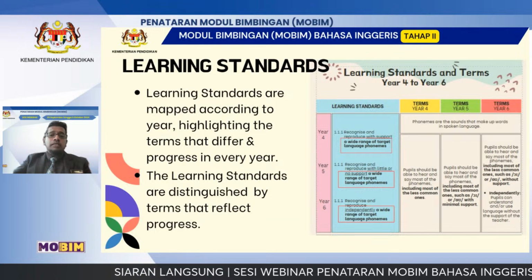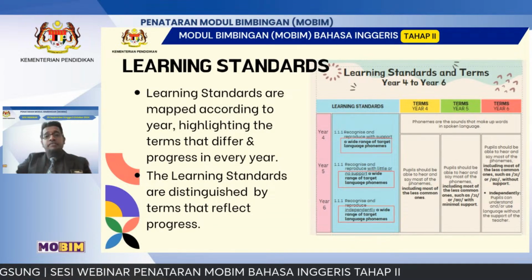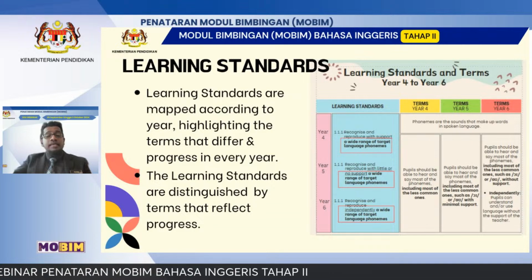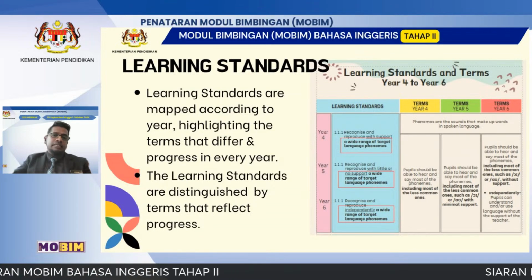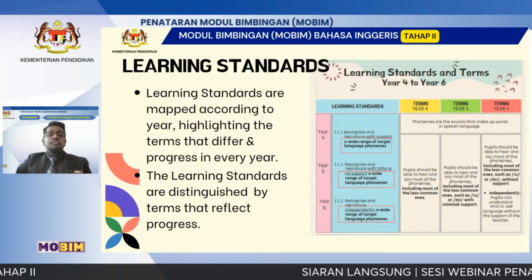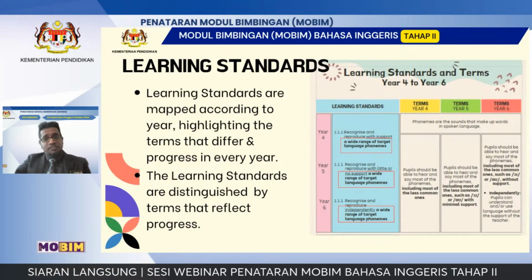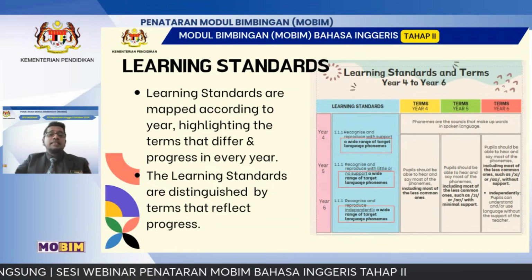A lengthier can-do statement can be seen for year 6 that requires the pupils to recognize and reproduce independently a wide range of target language phonics. So, teachers, we can conclude that learning standards in each and every year carry some terms that indicate gradation, and understanding them is really important.